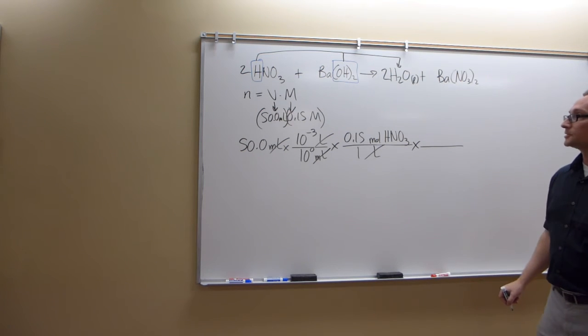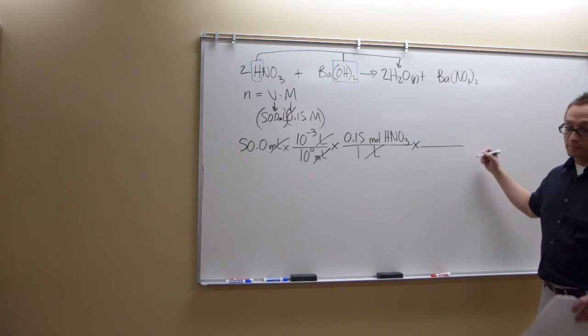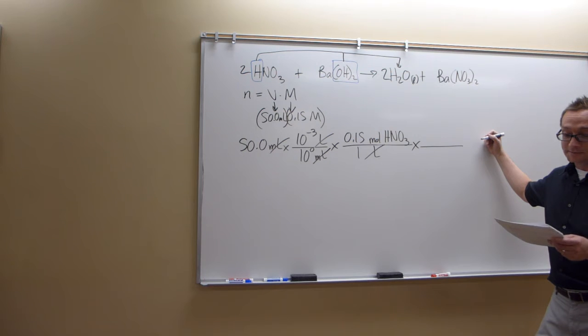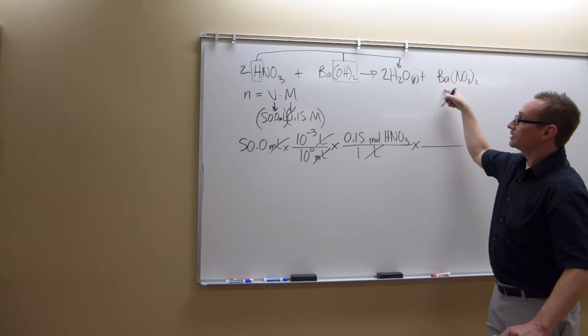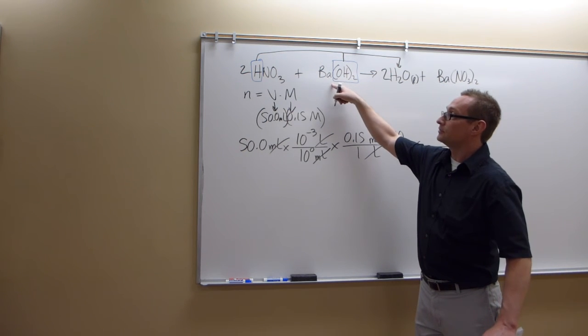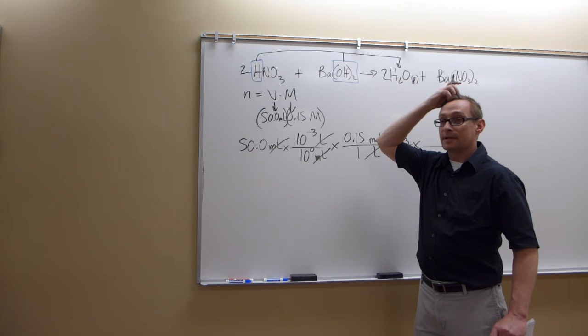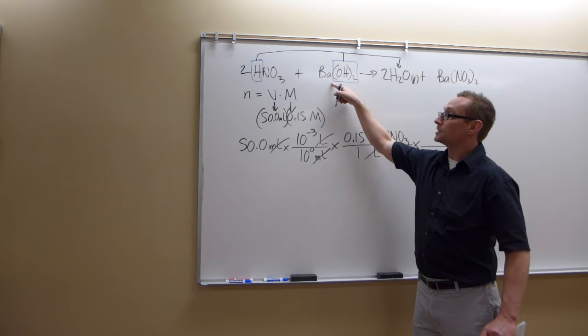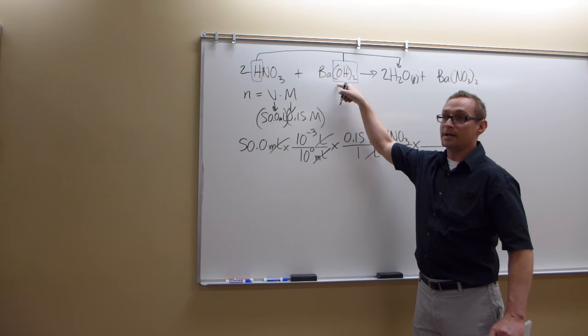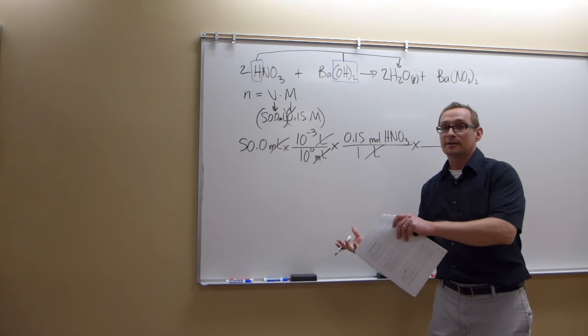And then what do we need to get to moles of? What is the concentration of barium hydroxide? So instead of relating the mole-to-mole ratio to a product, now we're concerned with barium hydroxide, which is another reactant. The reason is because the question is asking us what's the concentration of this unknown barium hydroxide solution sitting in our flask.